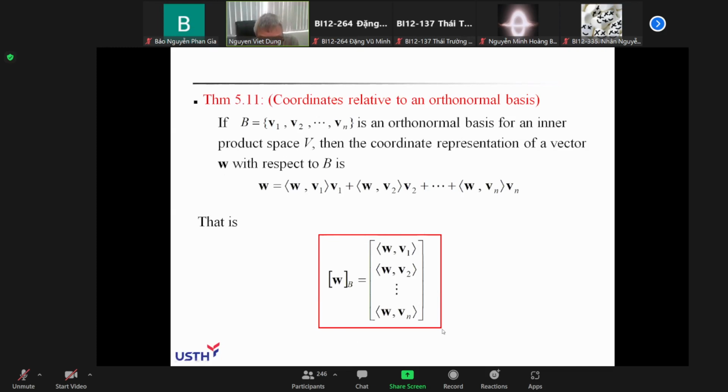I put it in the red box here. The first coordinate is here, the second coordinate is here, the last coordinate is here. Very easy to find. Just take the inner product of the vector W and the vectors inside the basis. Or if you write it in the form of a linear combination, you have that one. But I prefer the form in the column like that.